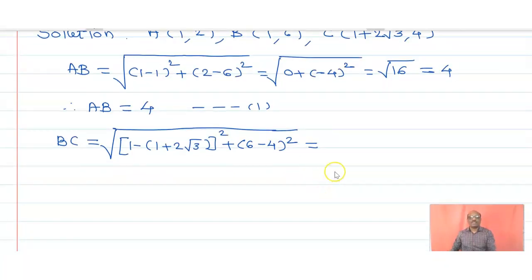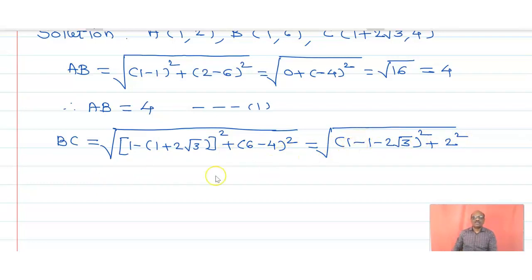Therefore here if we open the bracket, 1 minus 1 minus 2 root 3, a bracket square. Next 6 minus 4 means 2 square, plus 1 minus 1 gets cancelled out here, and here you will get minus 2 root 3 bracket square plus 2 square, which means 4.